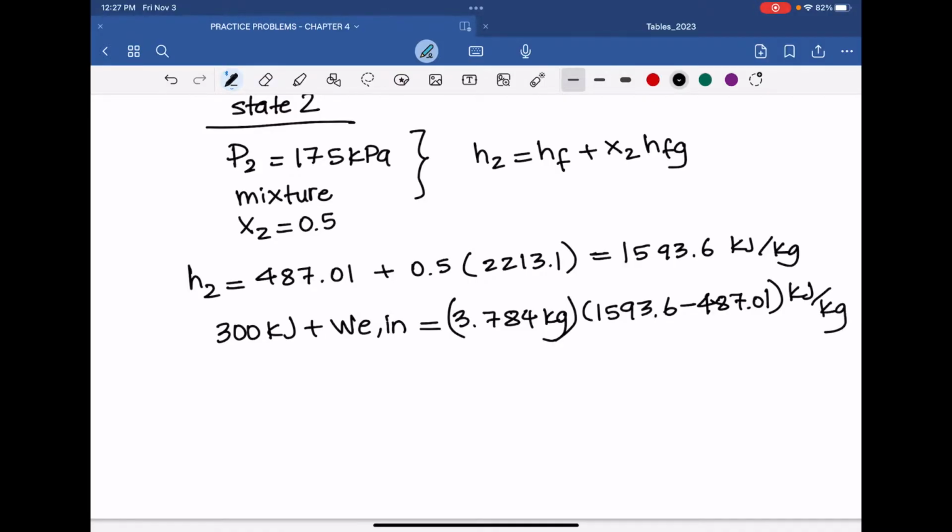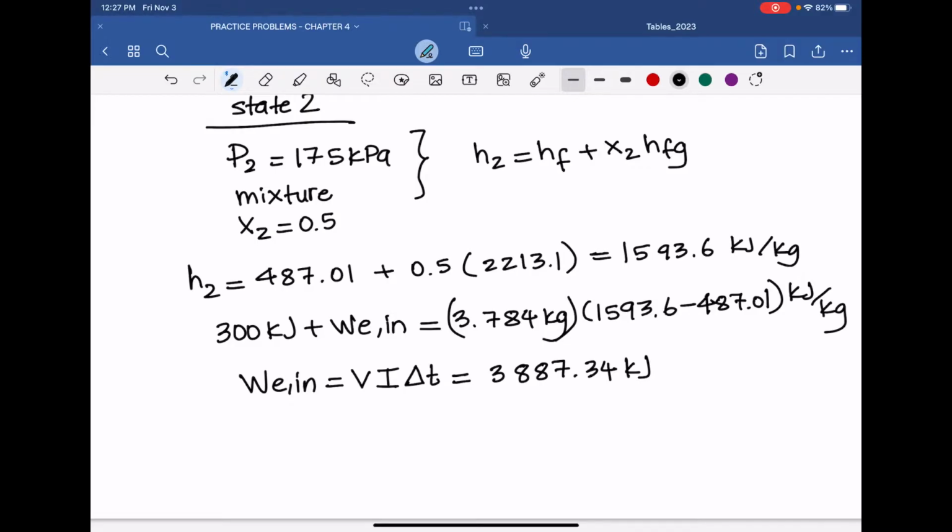If you solve this equation correctly, you will find electric work, which is the voltage times current times the time, is equal to 3887.34 kilojoule.